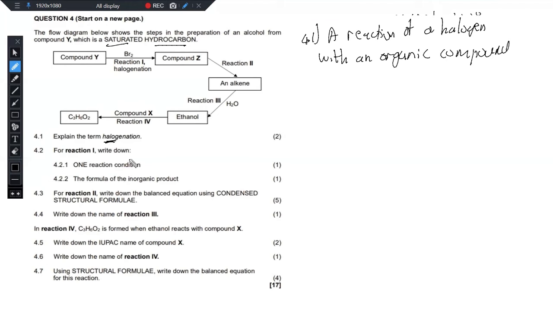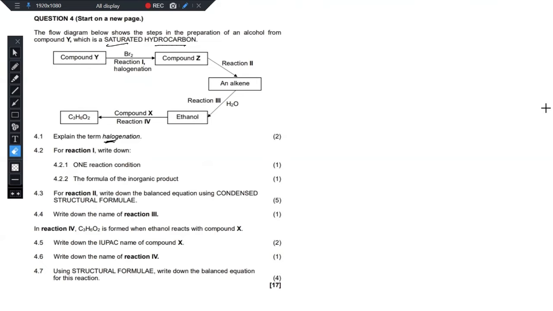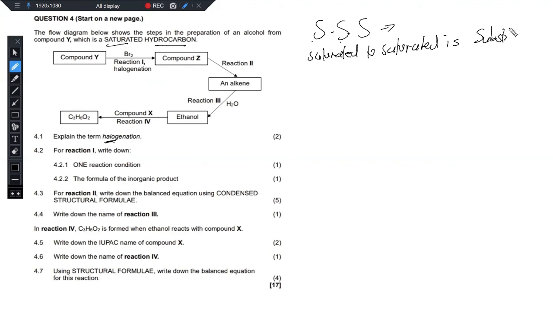For reaction 1, write down the one reaction condition. So let's check reaction 1 here. Note that they're saying this is starting from compound Y, which is a saturated hydrocarbon. Now, let's remind ourselves of these reactions. We have S, S, S, which means saturated to saturated, and that is substitution.